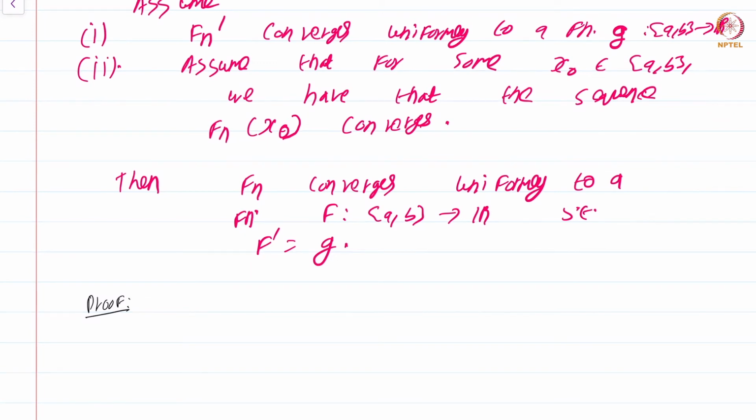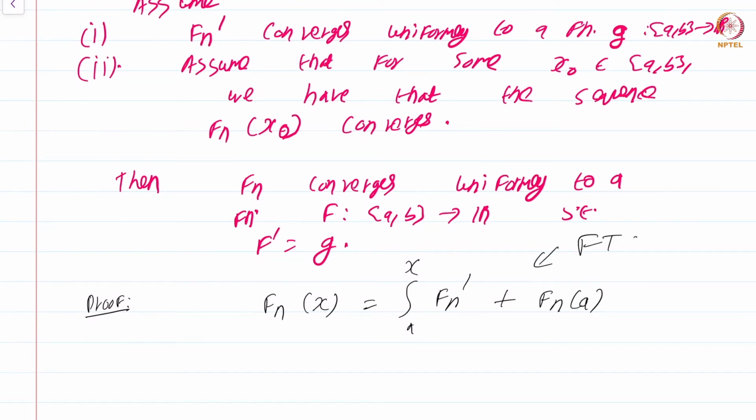So naturally, the only way to start this proof is via the fundamental theorem of calculus. So we write this function fn of x as the integral from a to x of fn prime, plus fn of a. This is just the fundamental theorem of calculus. We can just write this.